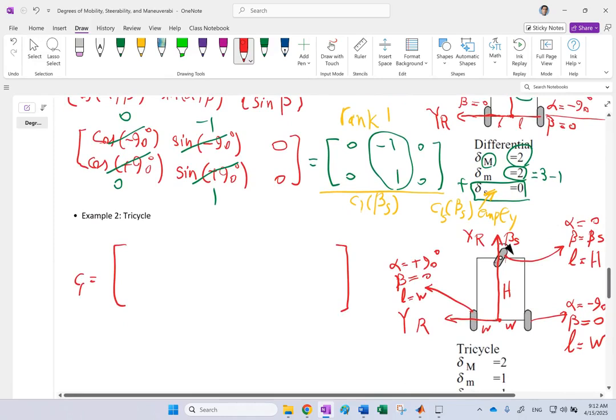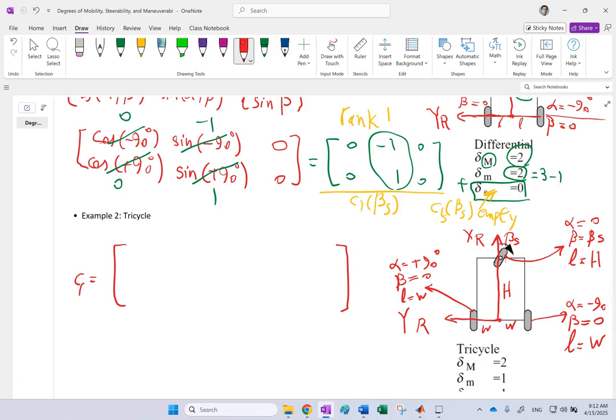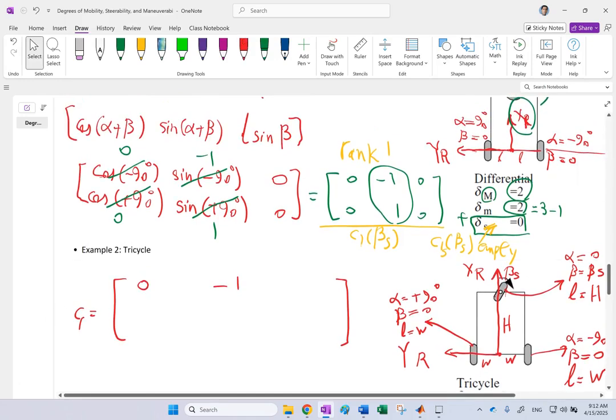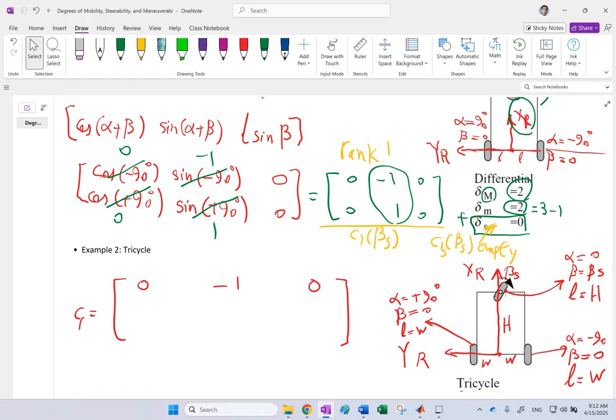Beta is 0, and these are the exact same thing from last time. So this is going to be 0, negative 1, correct? Because they are fixed. This one is also 0. So no difference, 0, 1, 0.